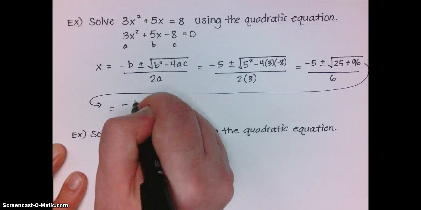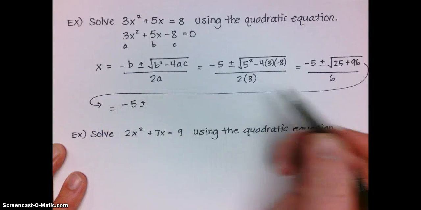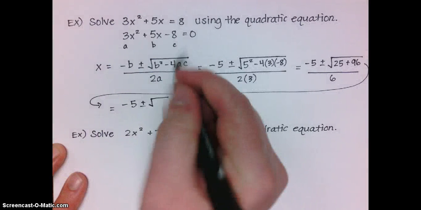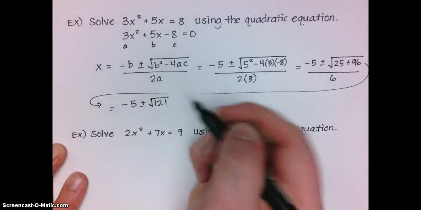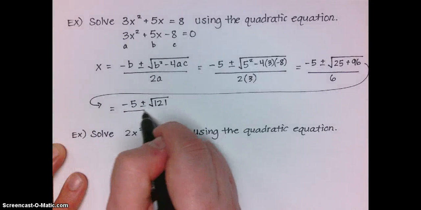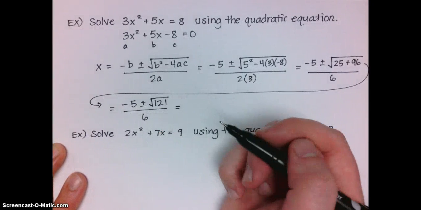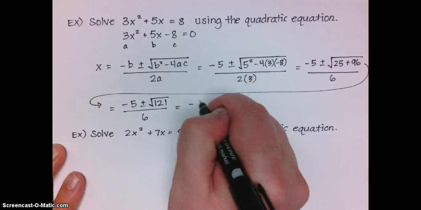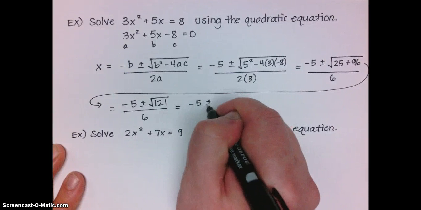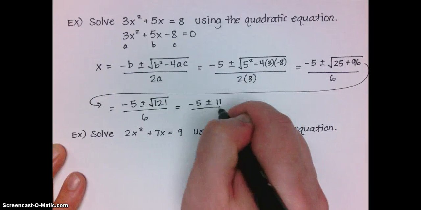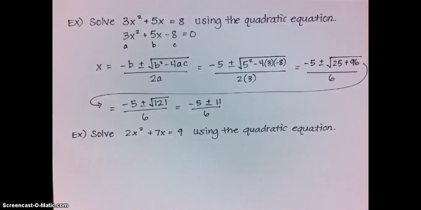Again, just rewriting, negative 5 plus or minus 25 plus 96 is actually 121. And that, my friends, is a perfect square. Square root of 121 is the number 11. So I'm going to do negative 5 plus or minus 11, all divided by 6.